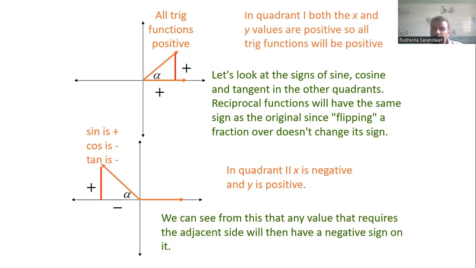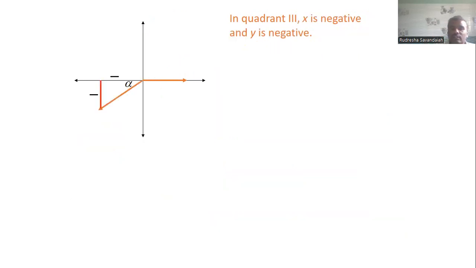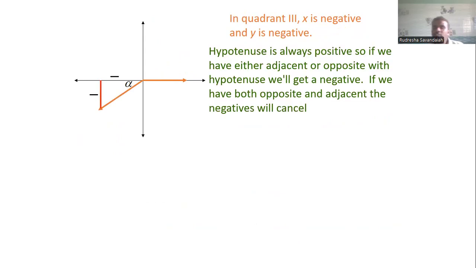Any value that requires the adjacent side will have a negative sign on it. In quadrant three, x is negative, y is negative. Hypotenuse is always positive, so if we have either adjacent or opposite with the hypotenuse, we will get a negative. If we have both the opposite and adjacent, the negative will cancel.